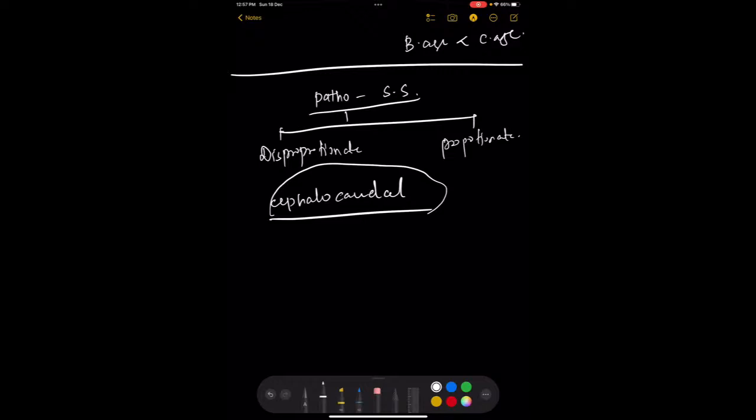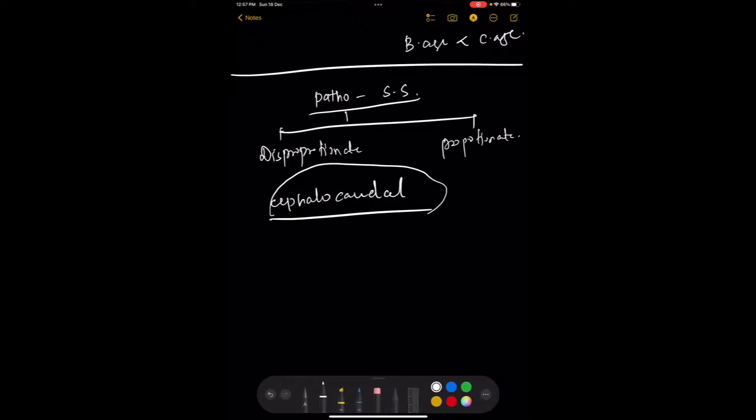At birth our upper segment is more when compared to our lower segment. So in these patients the upper segment will be more and the lower segment will be less.